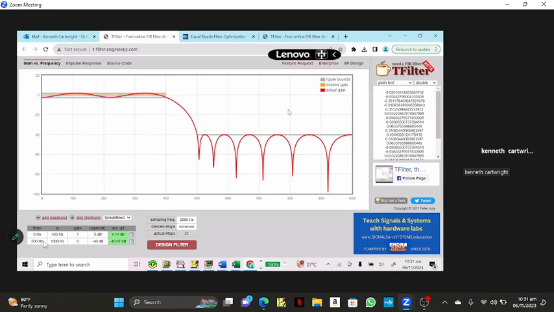All right. Since nobody can come up with what these numbers are, tell me something. How do I create a moving average filter? What do I need to create a moving average filter?